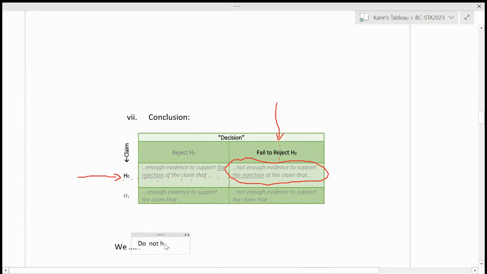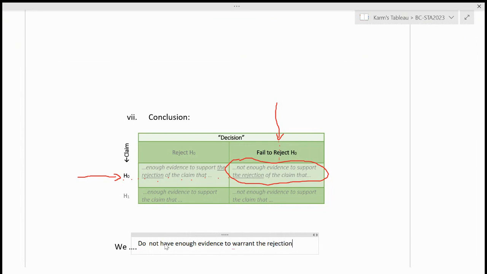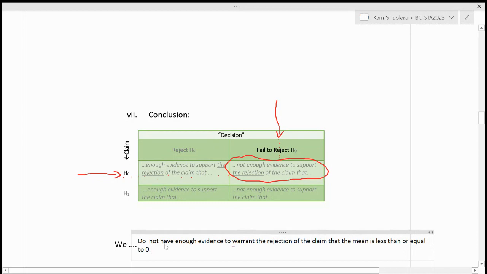Okay, so my answer will be: we do not have enough evidence to warrant the rejection of the claim that the mean is less than or equal to 38.0.